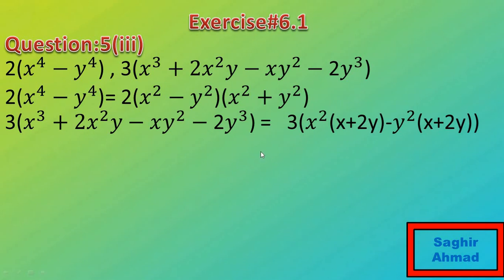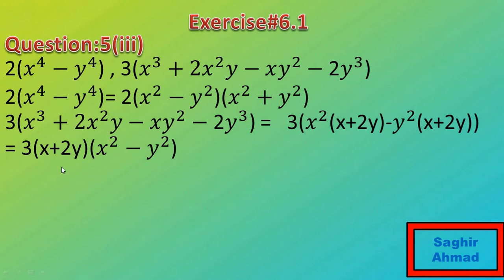As a whole you can take common x + 2y, and 3 is already here, and the remaining will be x^2 − y^2, which I write here.